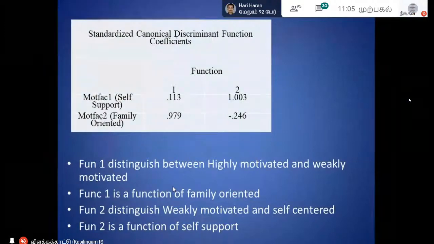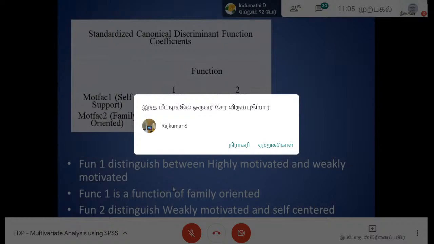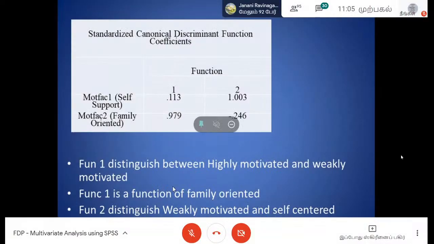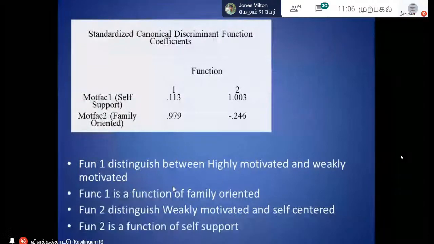Now look at this standardized function coefficient table. In function 1, the value is 0.979, which means motive 2, the family-oriented motive, has a very high influence.